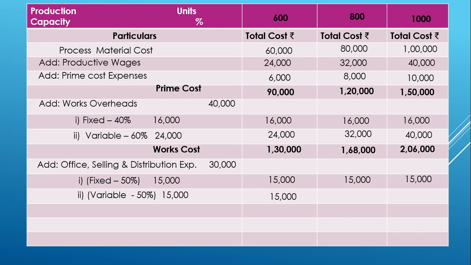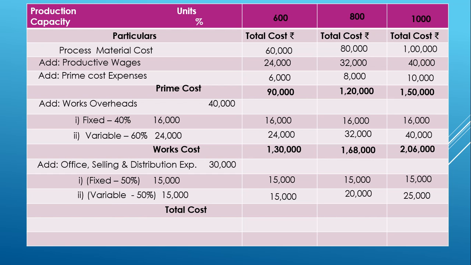So as we have given 600 units capacity level, it remains the same 15,000, but when we increase the units, it will increase by 20,000. Again, if we increase the units to 1,000, it again increases to 25,000. In this way we have calculated our office, selling and distribution expenses.